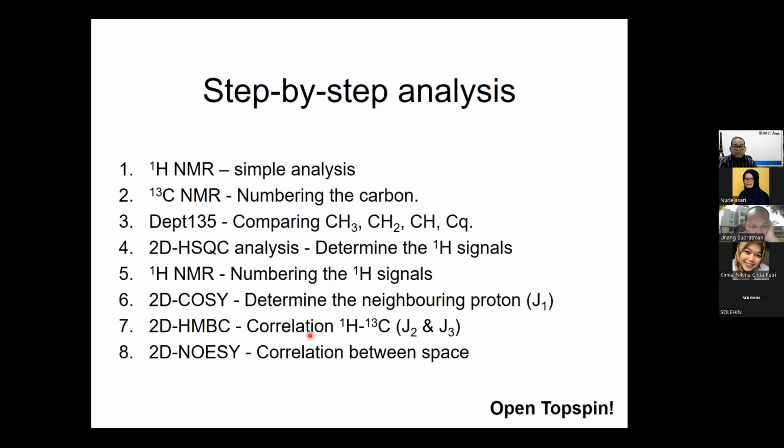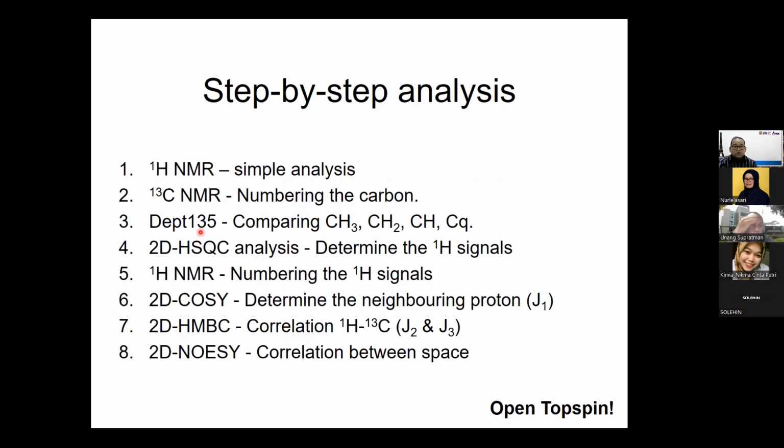So again, this is what I use for step-by-step NMR analysis. First, you have the proton NMR, and you do some simple analysis of what functional groups exist, for example based on the diagram that we discussed previously. After that, we do carbon NMR by numbering the carbons.